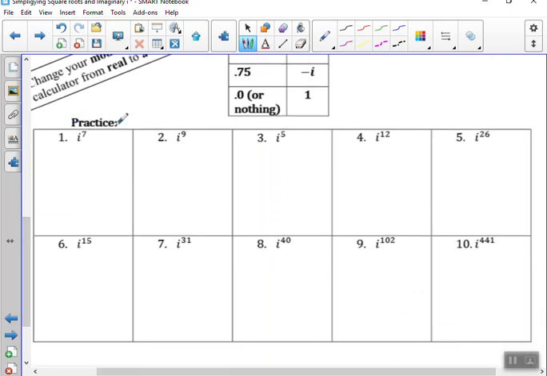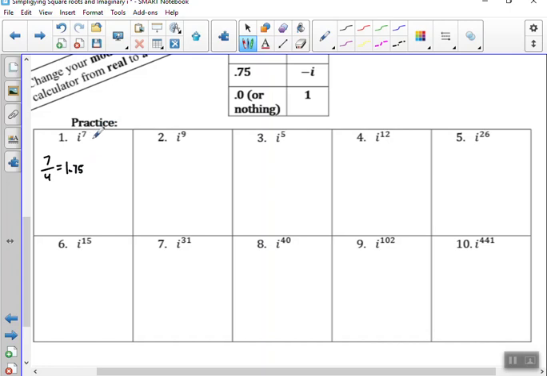I'm going to show you why we get these numbers with some examples, okay? All right, so what I'm going to do is take 7 and divide it by 4. 7 divided by 4 is not a perfect number, so you'll get a decimal. 1.75, right?